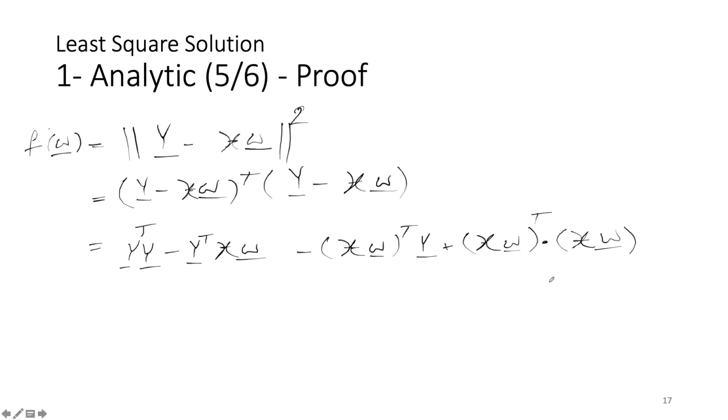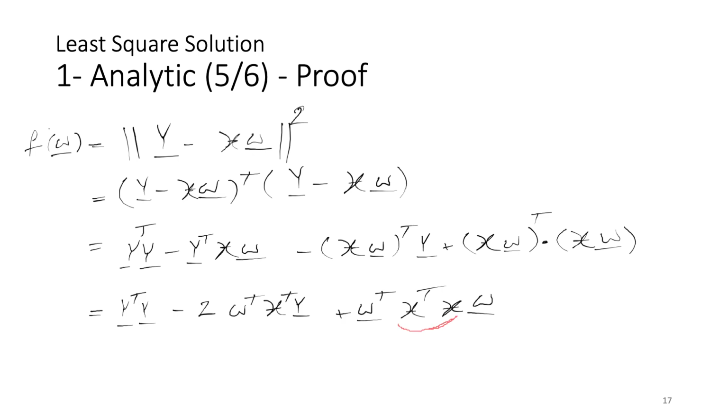Let's simplify it a little bit. Now we arrive at y transpose y minus 2 of this term. We have 2 of that, and then we have w transpose X transpose Xw, right? This can be simplified. X transpose X can be simplified.